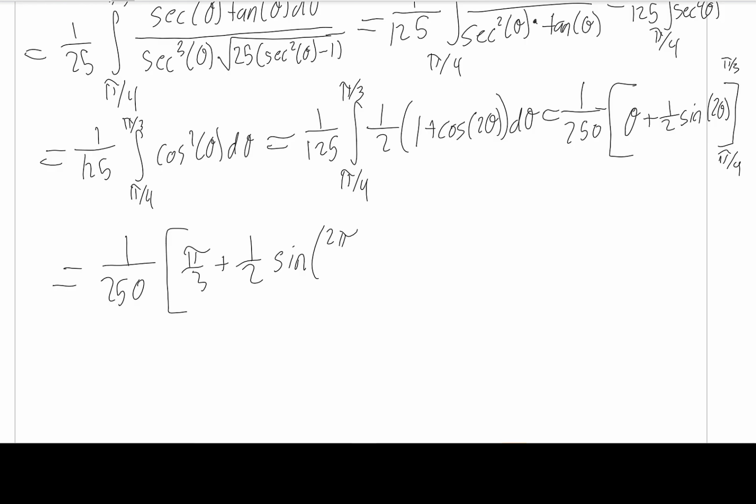so that's going to be 2 pi over 3, minus pi over 4 plus 1/2 sine of 2 pi over 4, which is pi over 2.